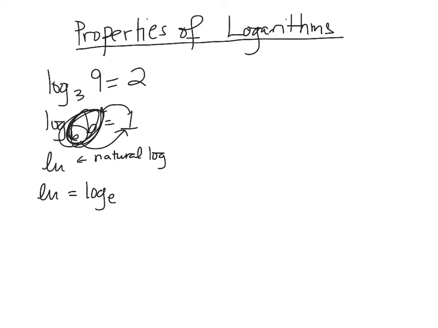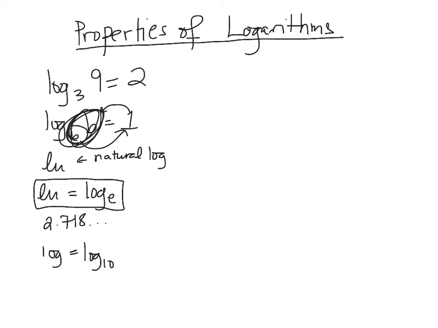So e is a number. It's an irrational number, just kind of like pi, 2.718 something. This is a rule that you'll need to remember: ln is equal to log base e, just like when you have regular log, it's the same as log base 10.